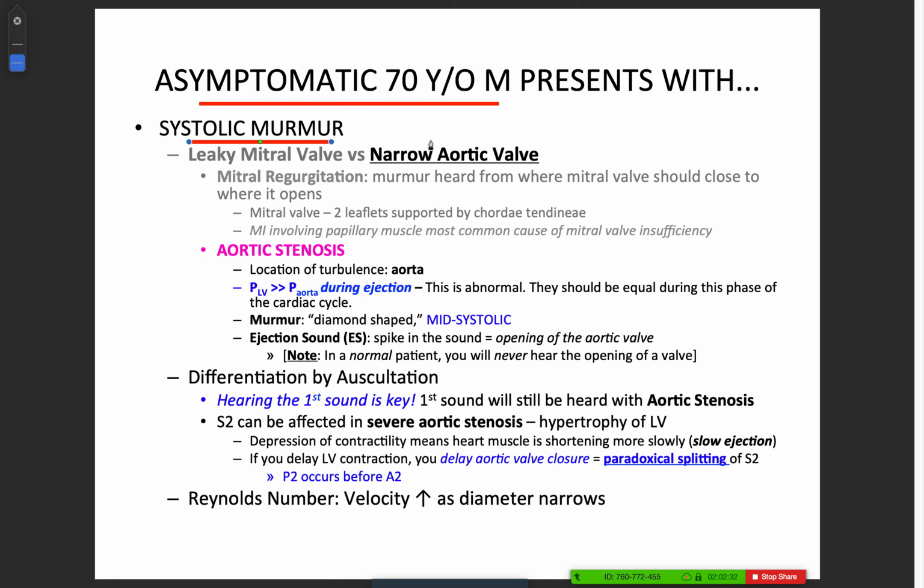At that point you can start breaking your patient down, really taking a better listen to what's going on. Hearing the first sound is going to be key. First sound's still going to be heard in aortic stenosis. And then obviously you have that paradoxical split in severe aortic stenosis. Okay, great.